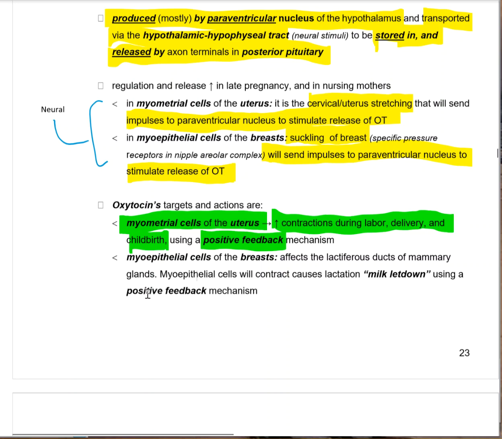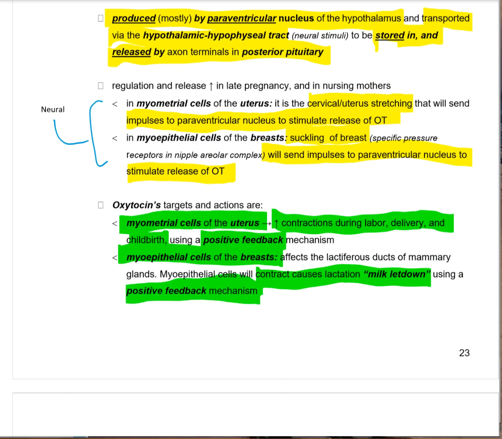The other place is the epithelial cells of the breasts, which will actually cause contraction, and we get lactation or milk letdown, and this also uses a positive feedback. So the longer that the infant is suckling on the breast, more milk will be released in a positive feedback manner.